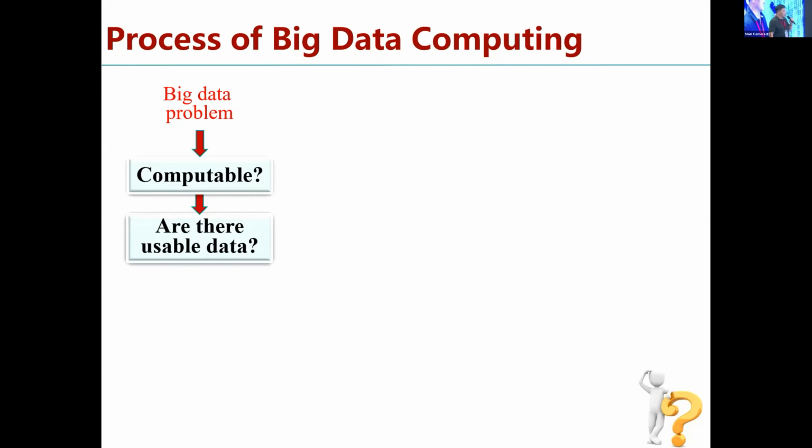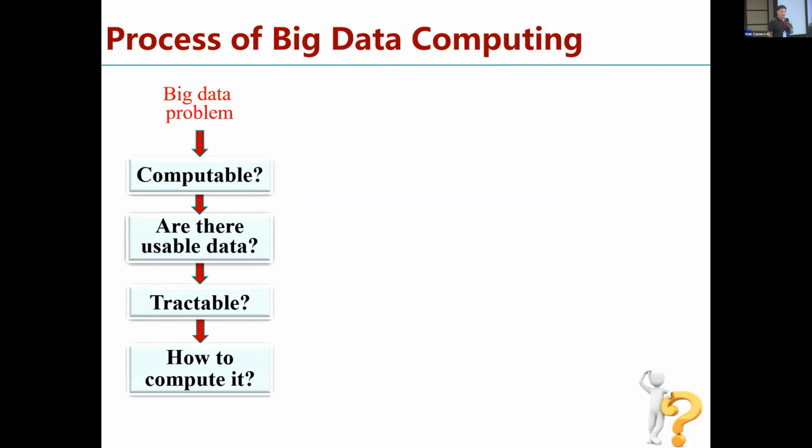Usable data means there are data for the problem, and the data quality is high enough for solving the problem. Then, the next question is tractability. This means whether the problem can be solved in the desired time. Finally, the last question is how to compute it.